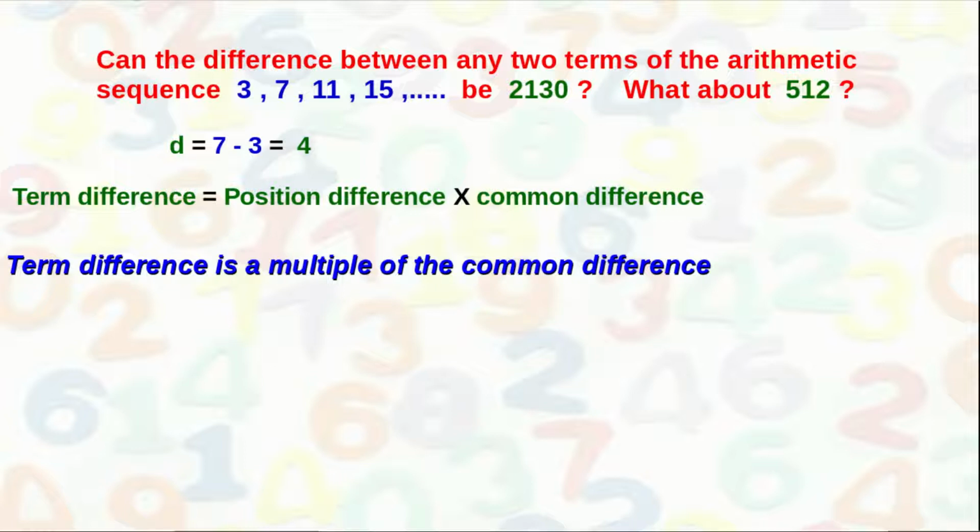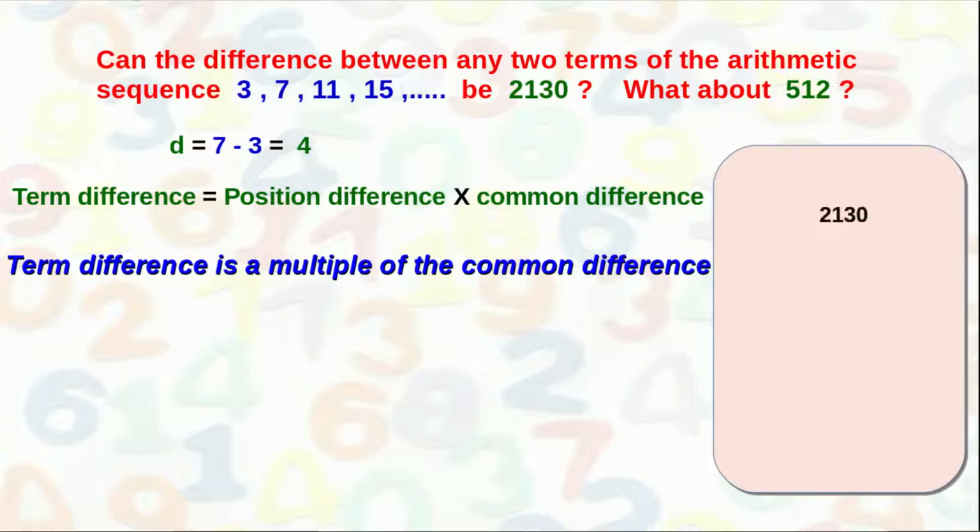For that, we have to divide 2130 by 4. So here we are getting a remainder.